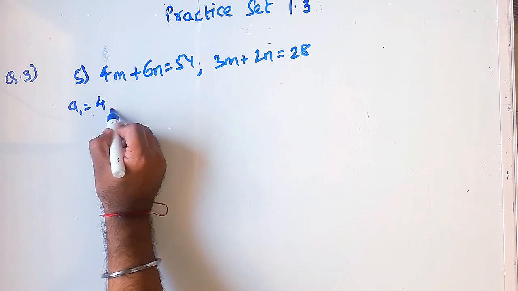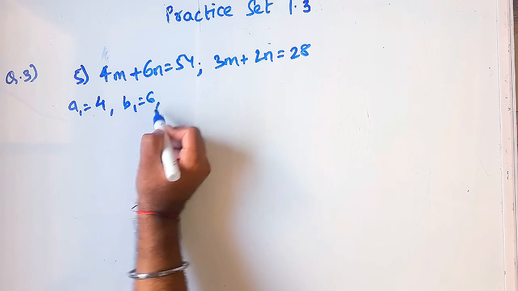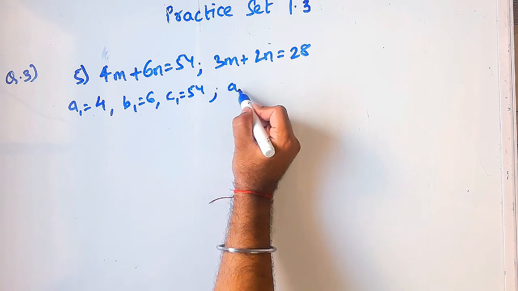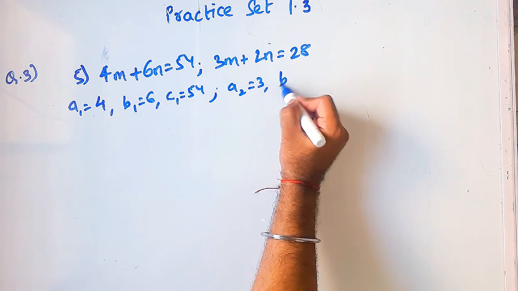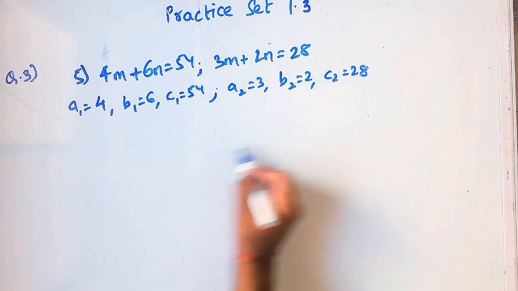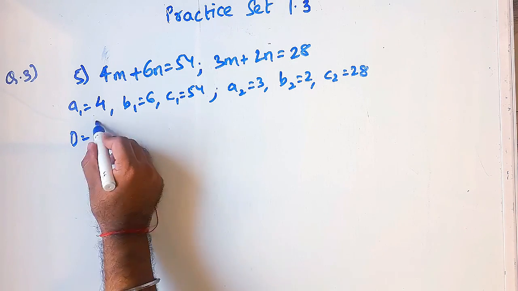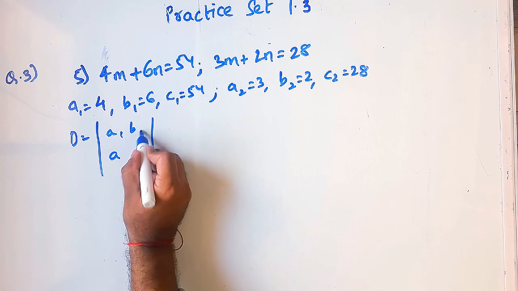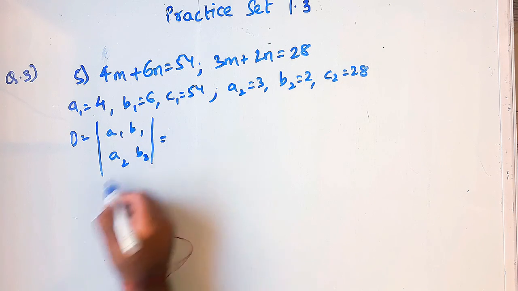So a1 I'll write 4, b1 is 6, c1 is 54, a2 is 3, b2 is 2, and c2 is 28. You know the formula for D, it is a1 b1, a2 b2.